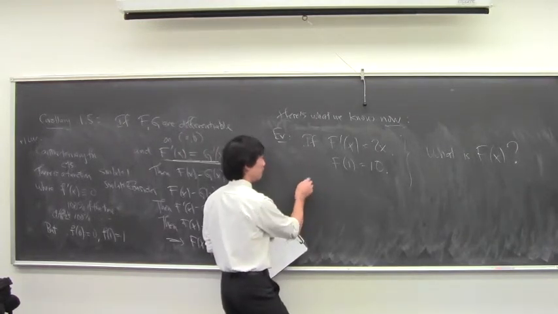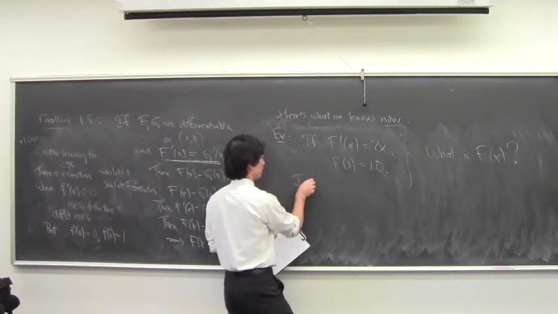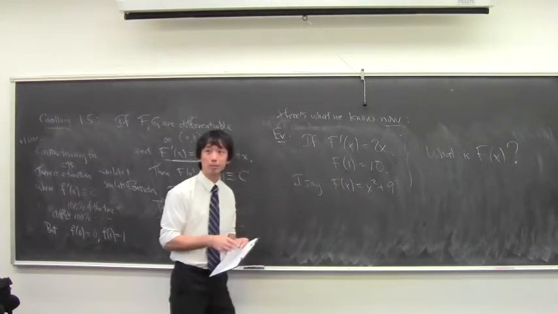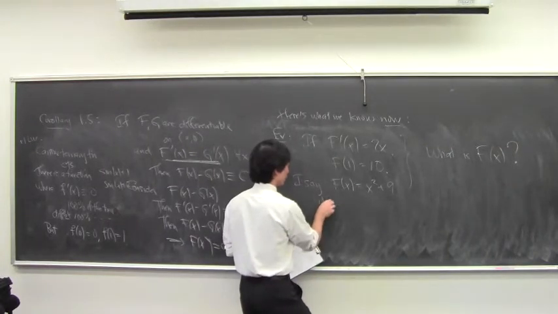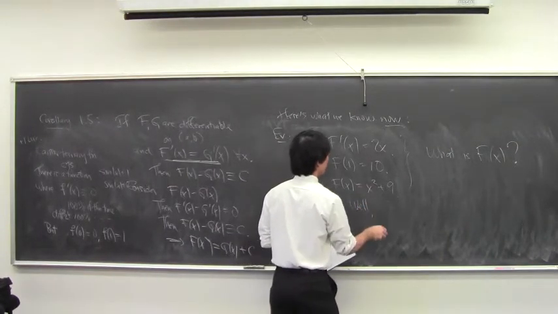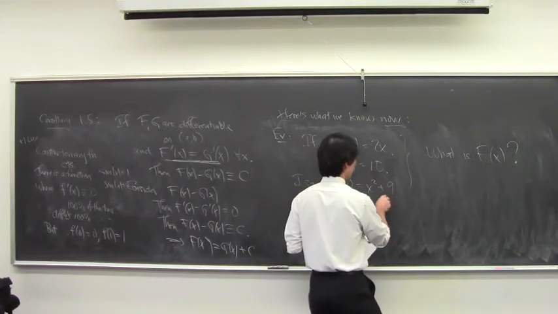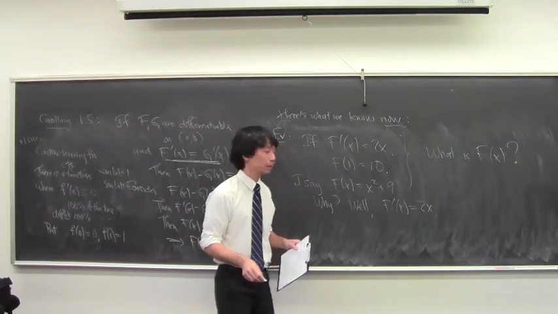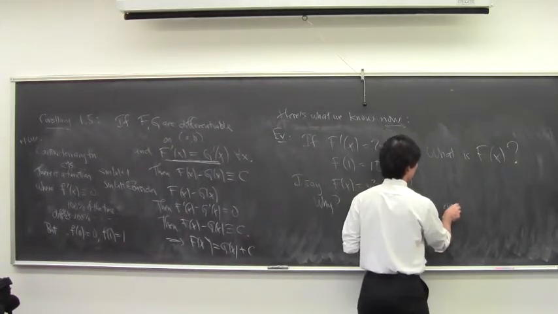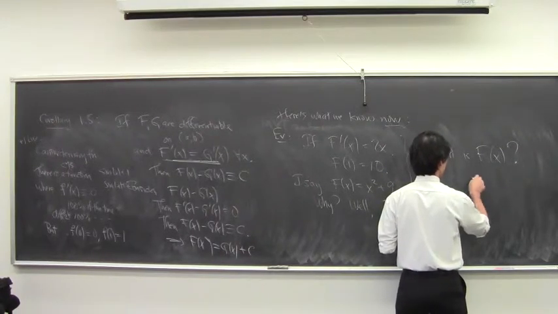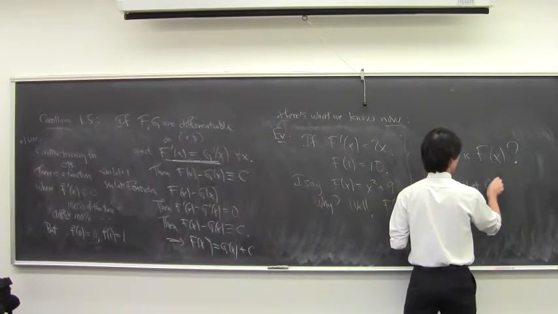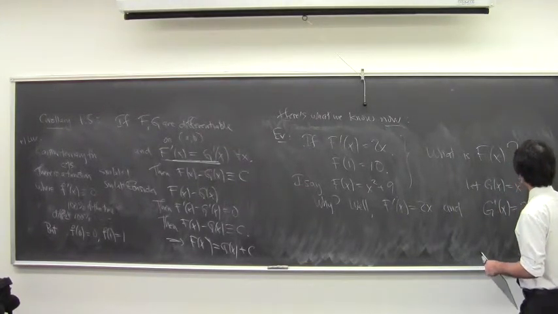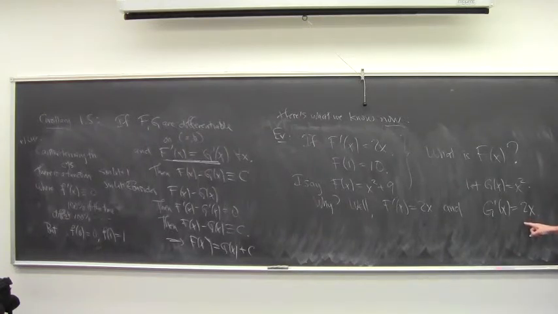You say, well, look, I say that f of x must be x squared plus 9. You say, why? Well, I know that f prime of x is 2x, right? And if I look at another function, the function x squared, I see that the derivative of that is also 2x, right?